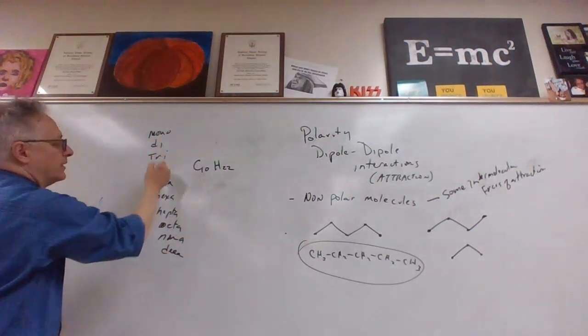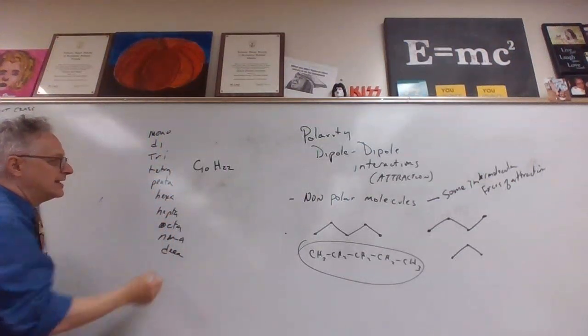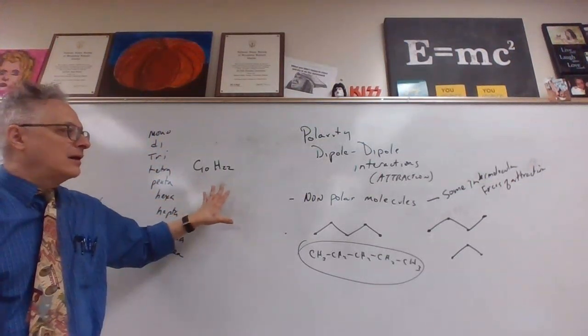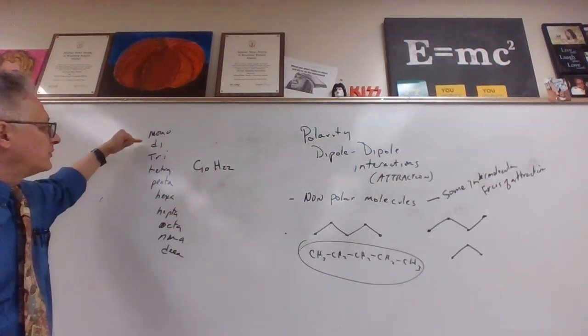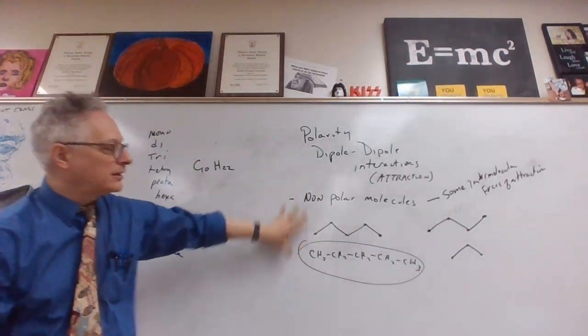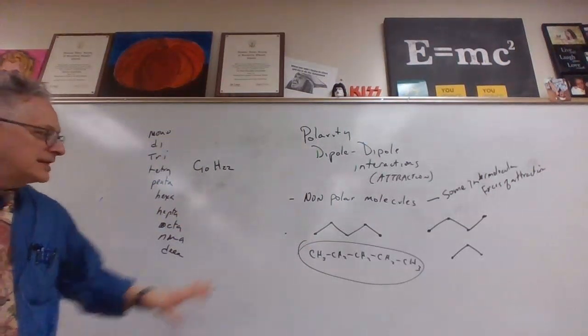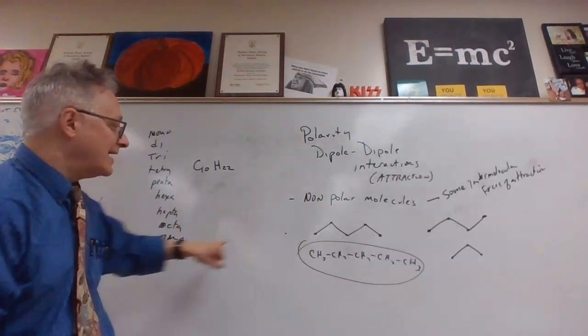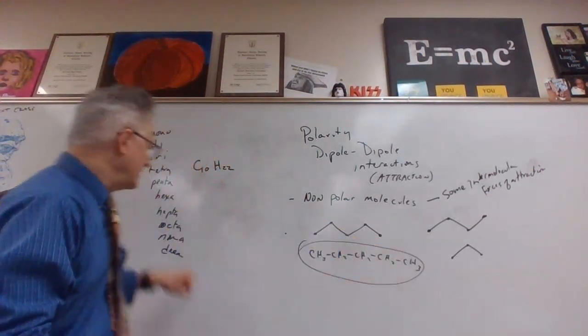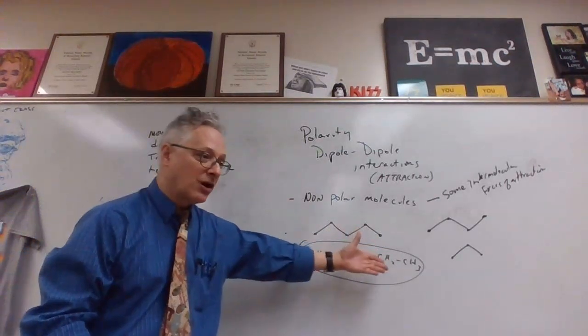This meant 1, 2, 3, 4, 5, 6, 7, 8, 9, 10. So after we get through the first few of these molecules, we start using these prefixes to name these things. So pentane has 5 carbons, and hexane would have 6 carbons.